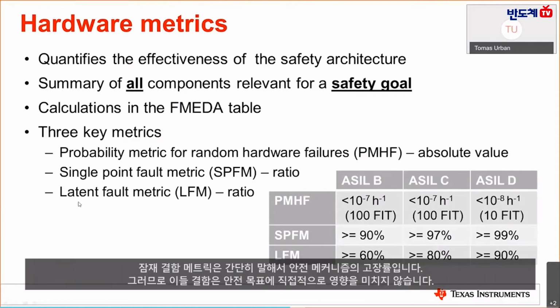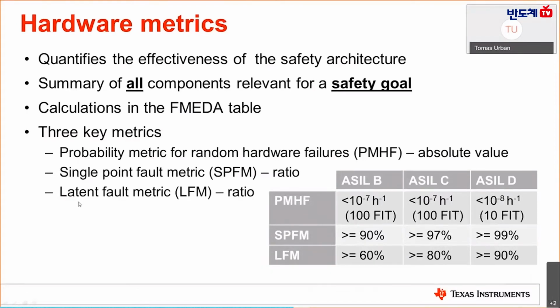A latent fault metric, in simple words, is a failure rate in the safety mechanisms. That means these failures do not have a direct impact on the safety goal.